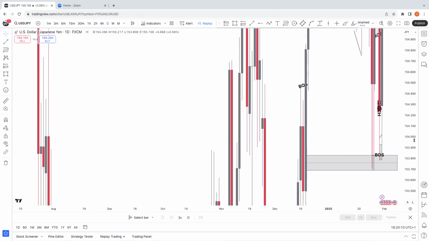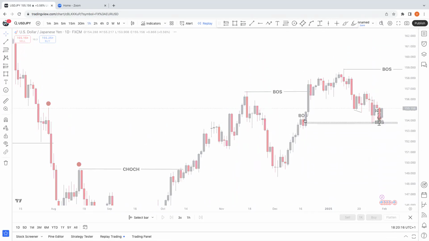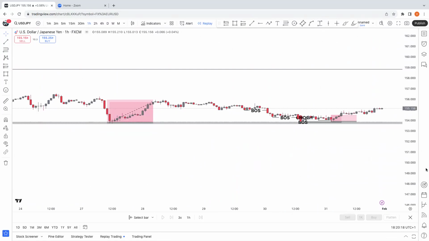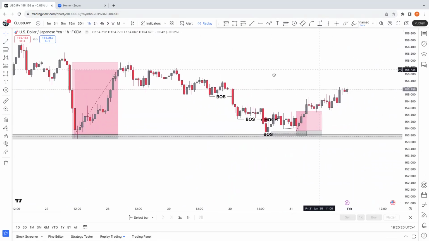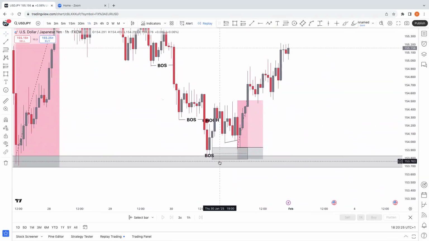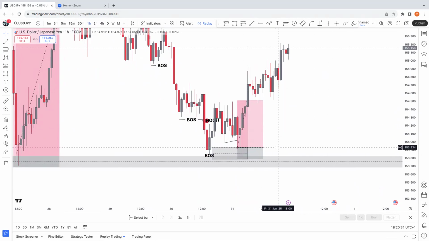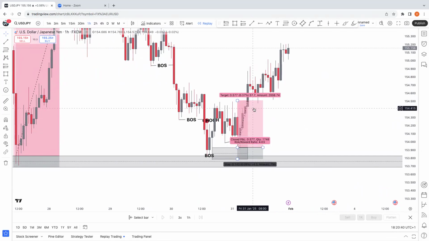We started from our higher time frame where we picked our demand zone here, and then we went to our 1 hour time frame to refine our demand zone, and now we use our 15 minutes to get a confirmation, a change of character at the 1 hour demand zone, right? And we entered into the market based on the order block, which is the element of price that was at play for the change of character, right? And that is what gave us a very, very good trade.